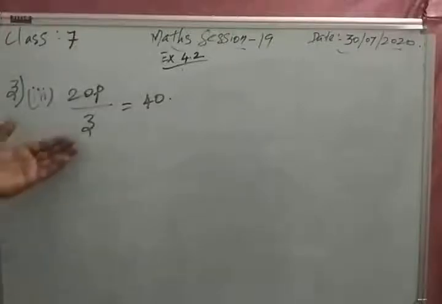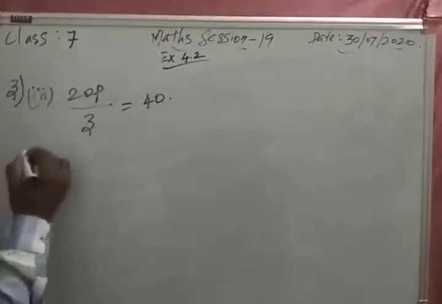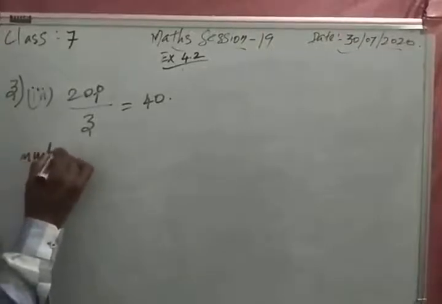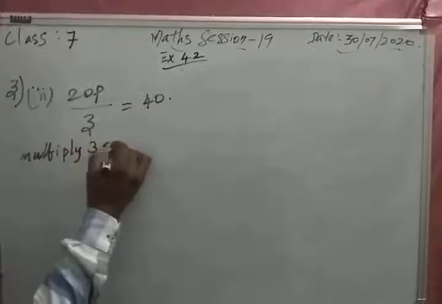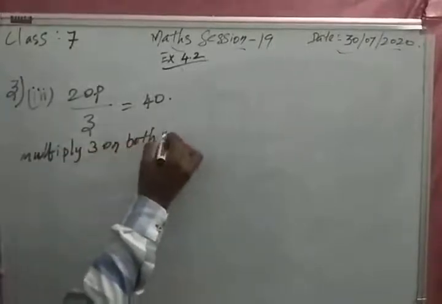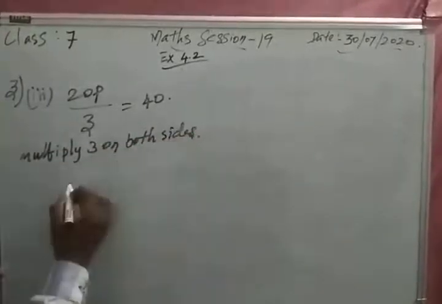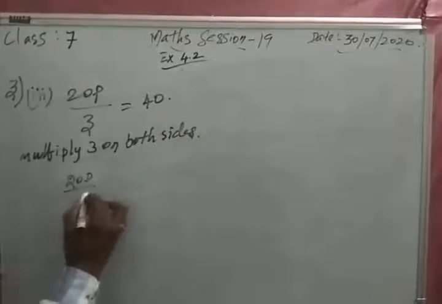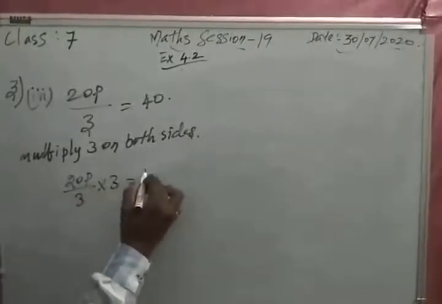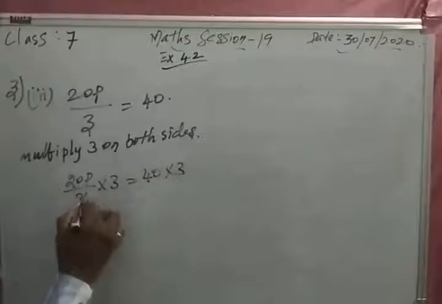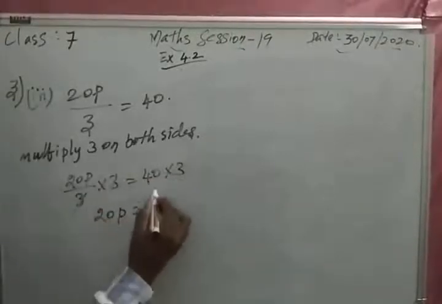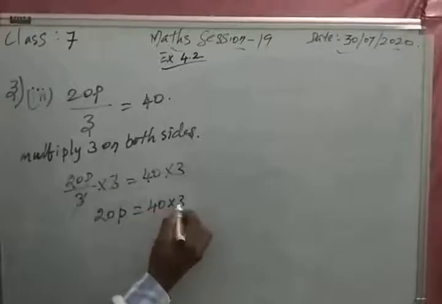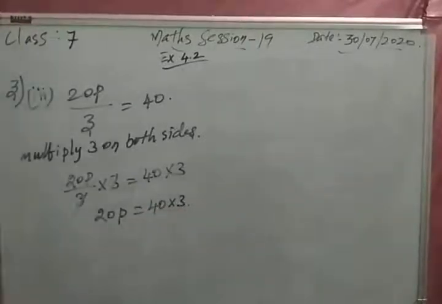First we will take out the divide. Multiply 3 on both sides. What will come? 20p divided by 3 multiplied by 3, 40 into 3. The 3s are cancelled. Then 20p is equal to 40 into 3, or 120.